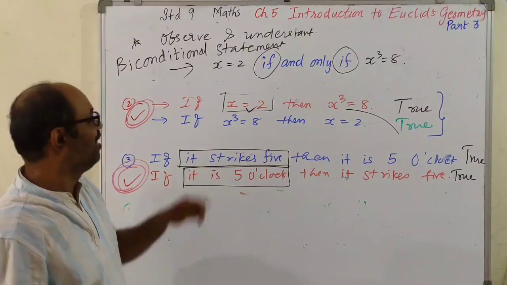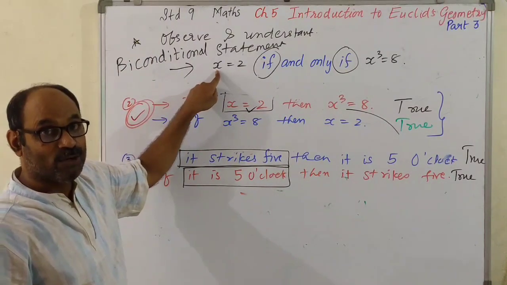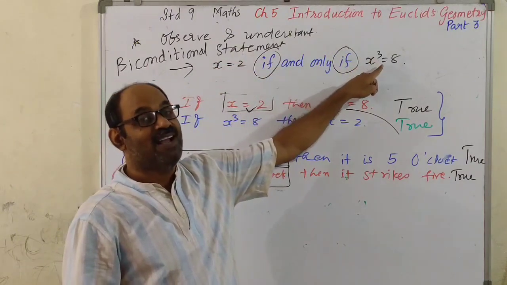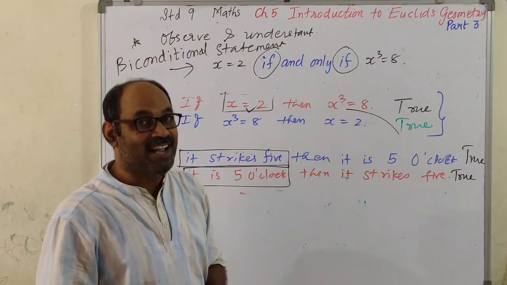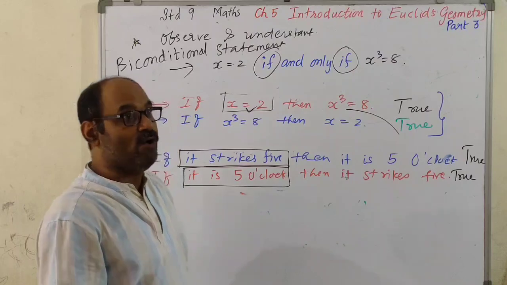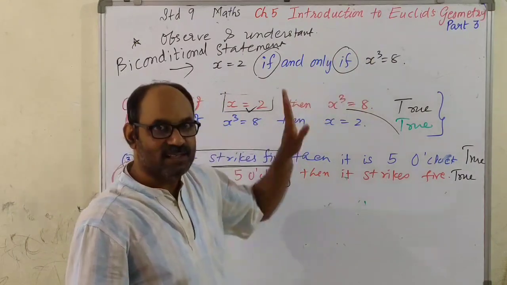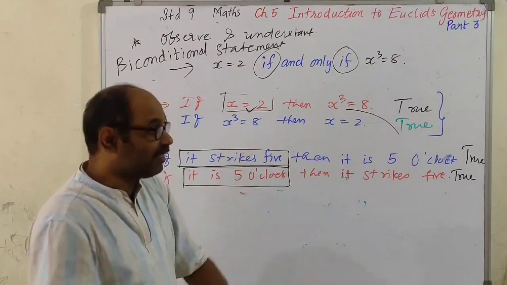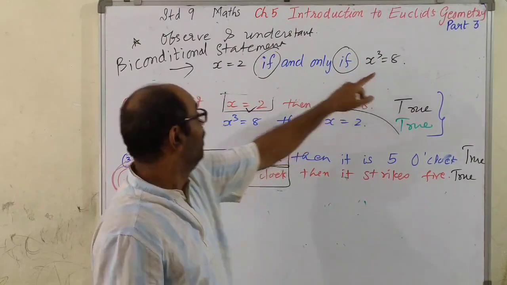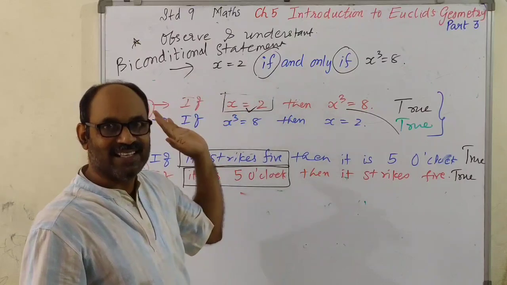Are you getting me, children? So x equal to 2 if and only if x cube equal to 8. What does that mean? If this, then this. We can also say the opposite. If this, then this. Is that clear?